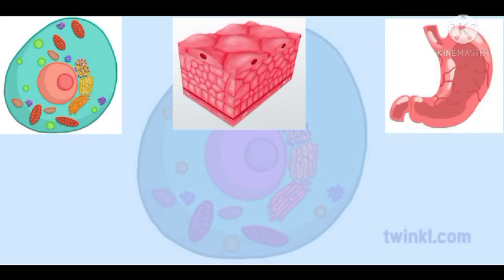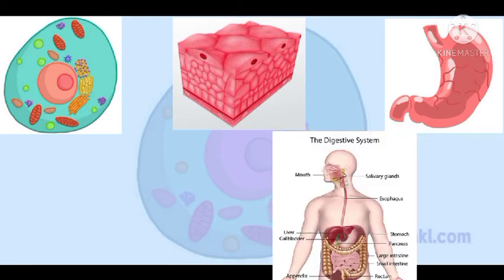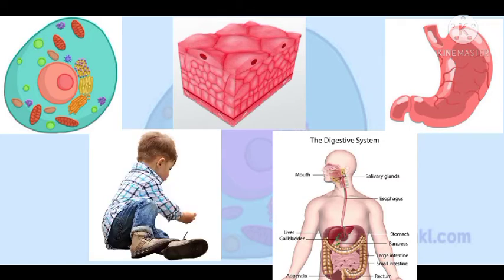Different types of organs are present in our body, and these organs are made up of different types of tissue, and then they form the organ system. Combining these different organ systems in our body together forms the organism. So the cell is the basic unit of life.